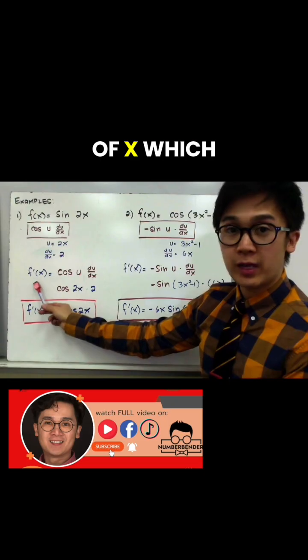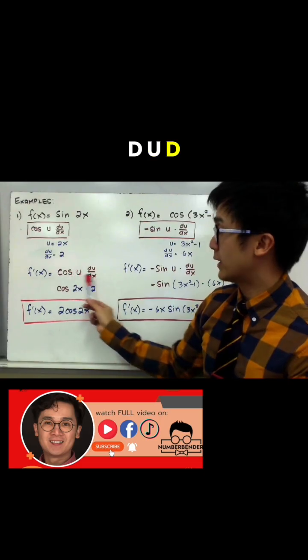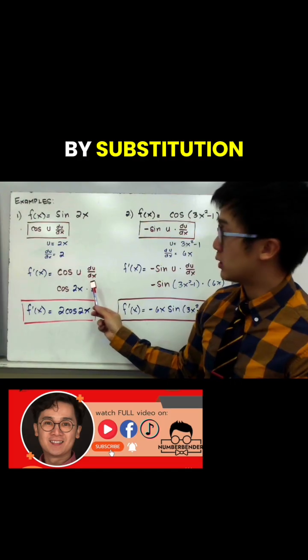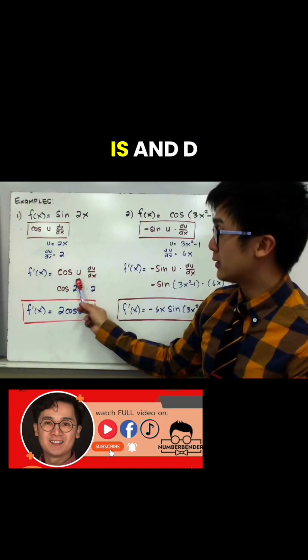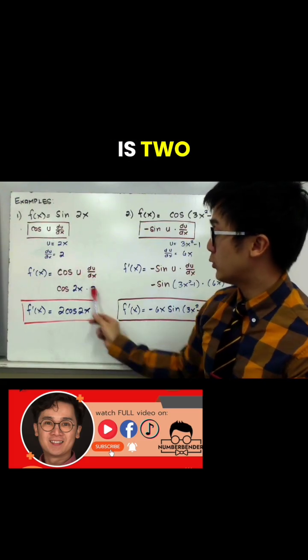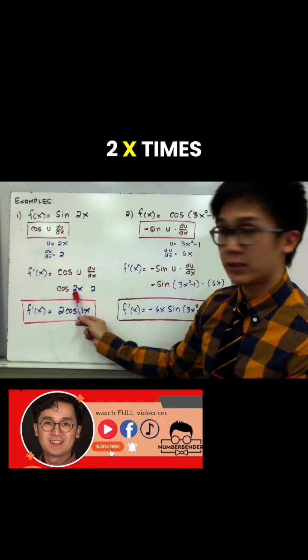So f prime of x, which is the derivative of f of x, is equal to cosine u du dx based on the formula sheet. By substitution, since we already found that u is 2x and du dx is 2, the derivative of the function is equal to cosine 2x times 2.